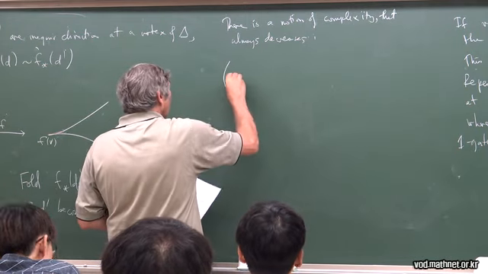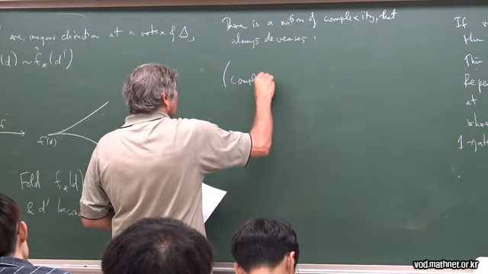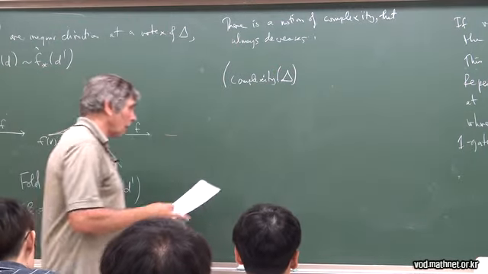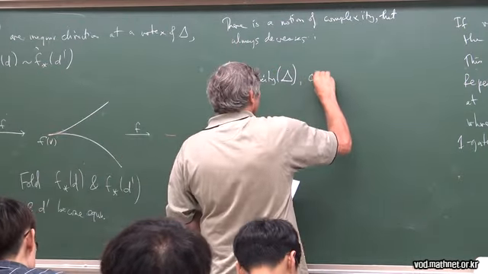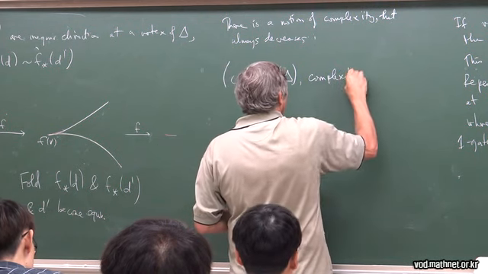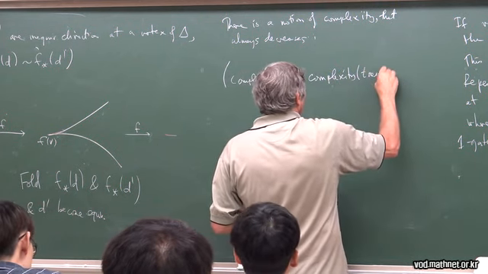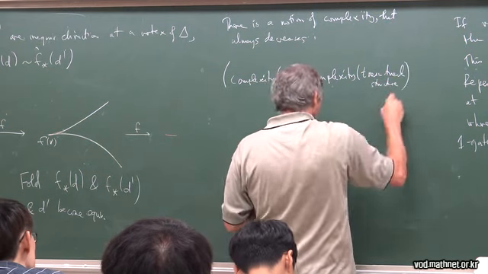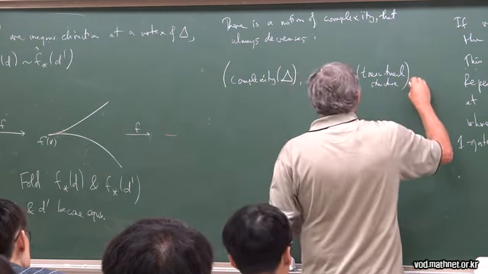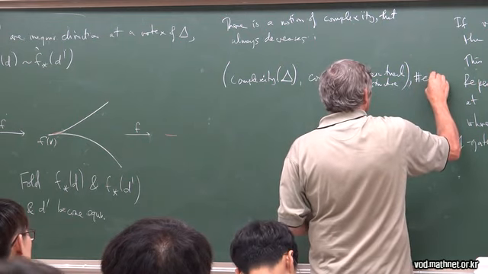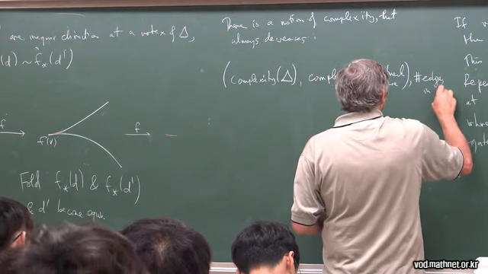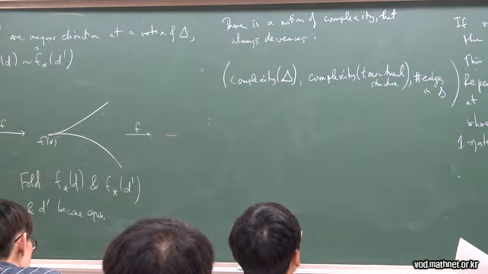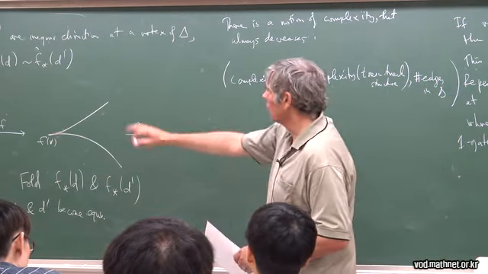You have the complexity of delta, which I'll have to tell you what it is for a graph. What is the complexity of a graph? And then there's the complexity of the train track structure, and then the last one is the number of edges in delta. Somehow this is the one that decreases in that cleanup operation, right?